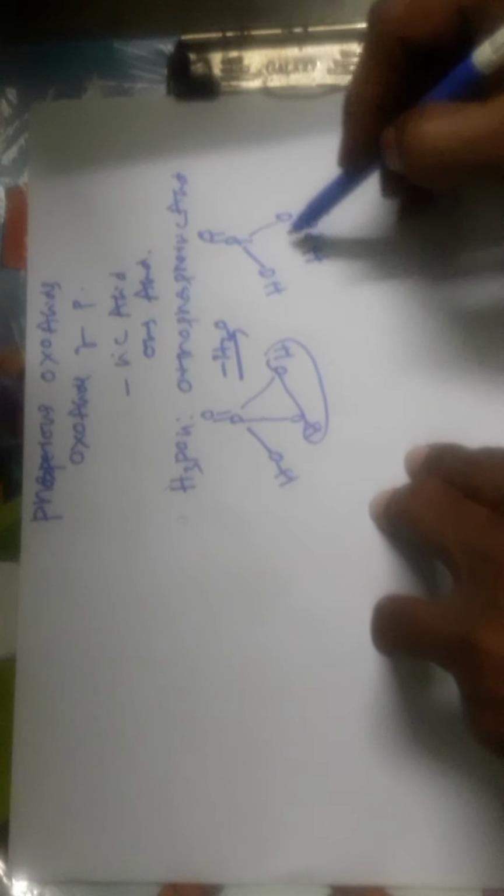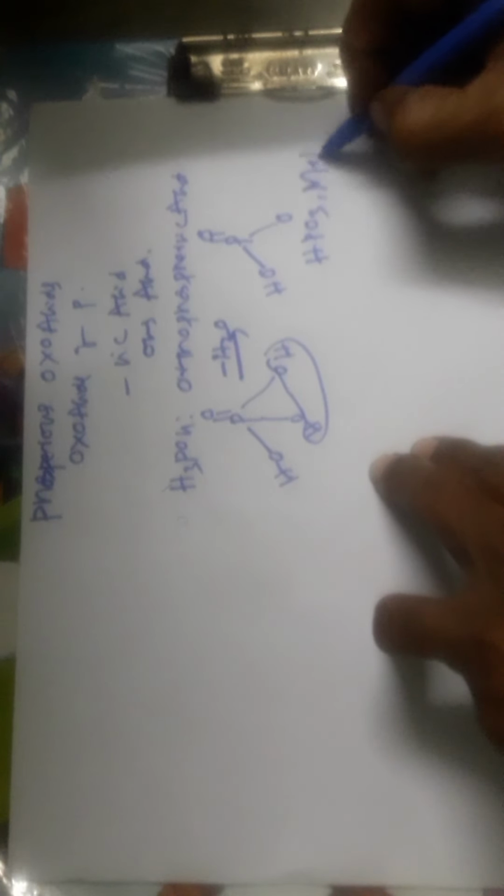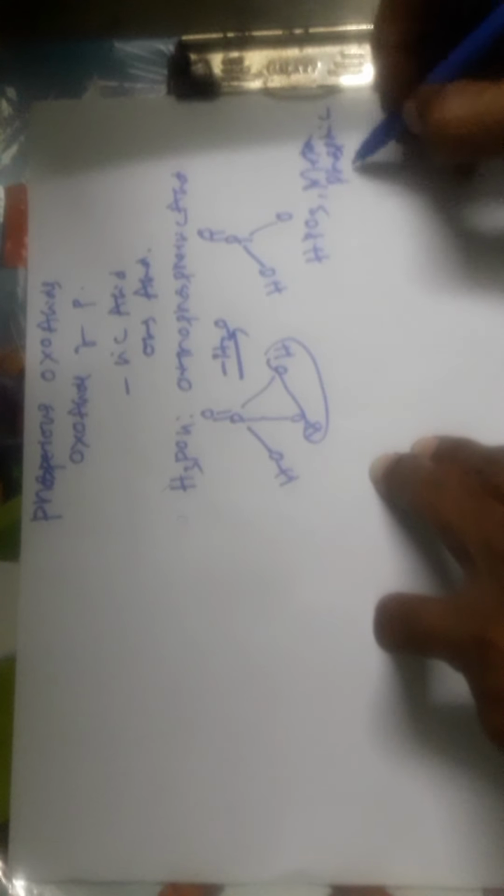I think you are clear. If I remove a water molecule from orthophosphoric acid, we have HPO3. This is nothing but metaphosphoric acid. Kindly keep it in mind. Phosphorus shows two types of acids.